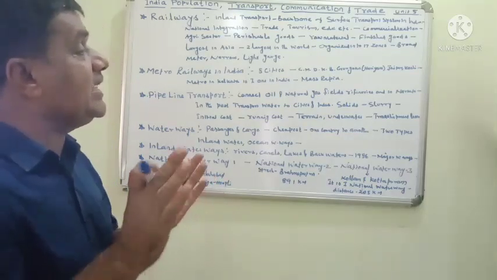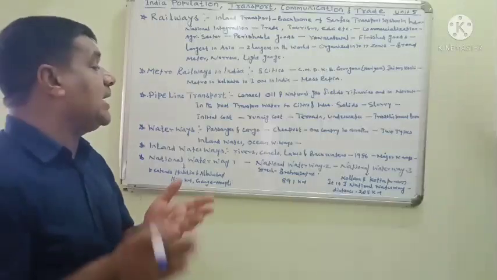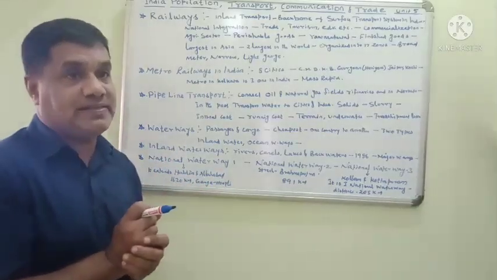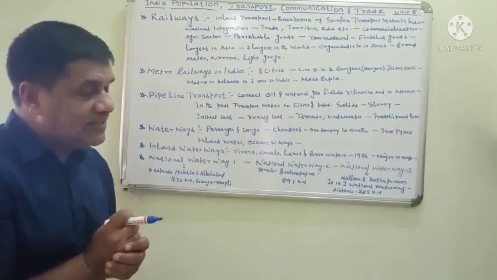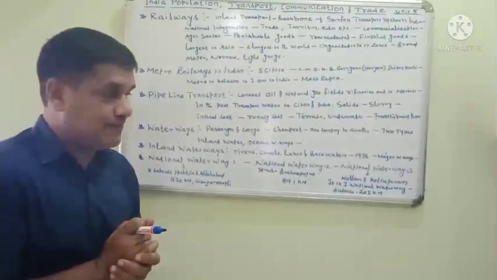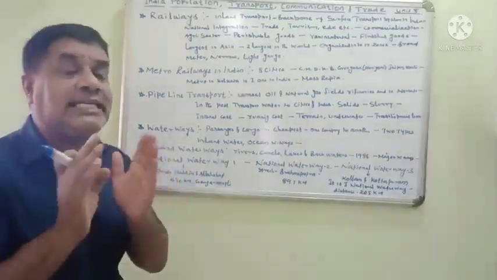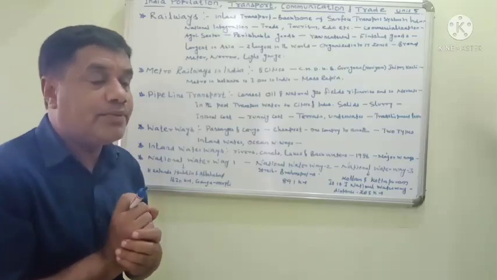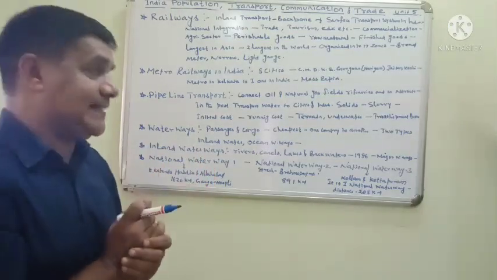The waterways are divided into two types. One is inland waterways, another is ocean waterways. Inland waterways consist of rivers, canals, lakes and backwaters. The inland waterways were set up in our country in 1986.